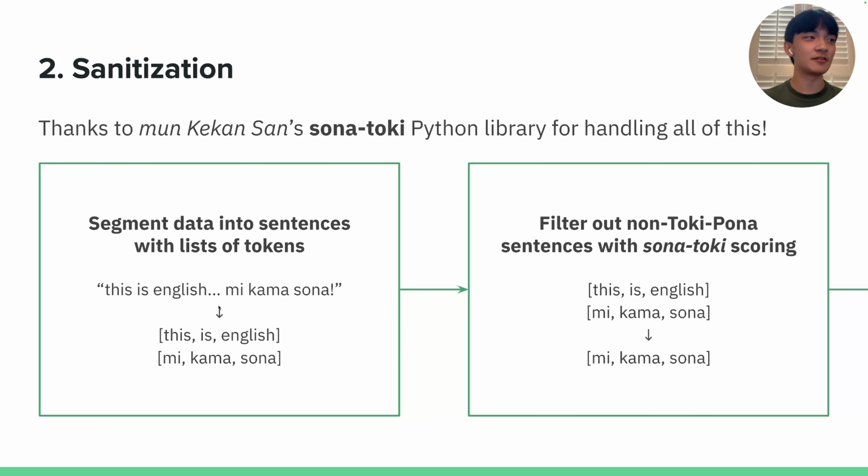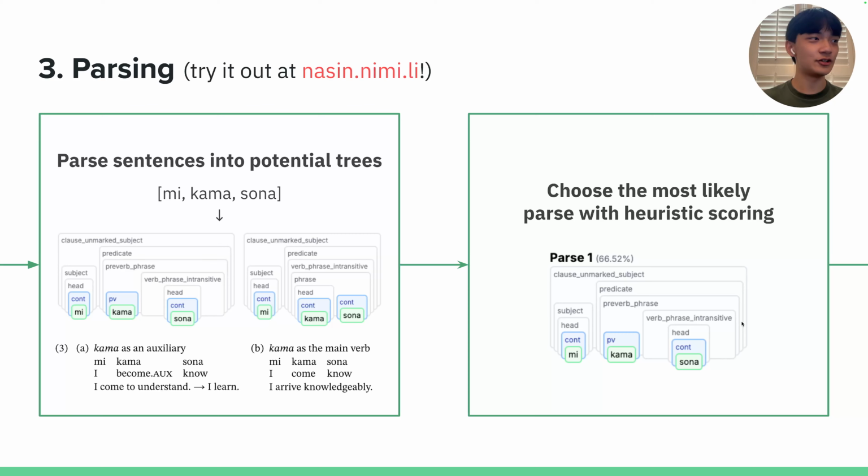We just take this and segment it into sentences and segment those sentences into words. And then Moon's tool allows us to score these sentences on whether or not they're Toki Pona. That would filter out all the non-Toki Pona sentences and just give us the sentence mi kama sona cleanly separated into words.